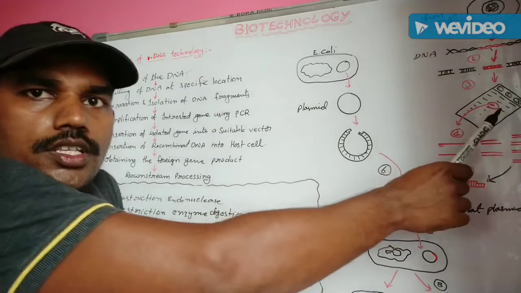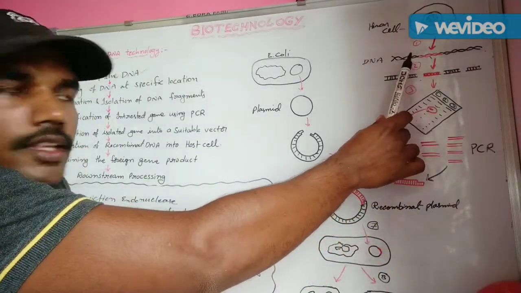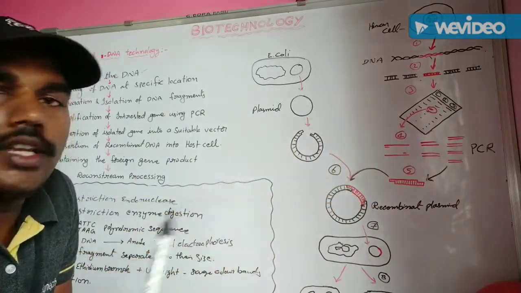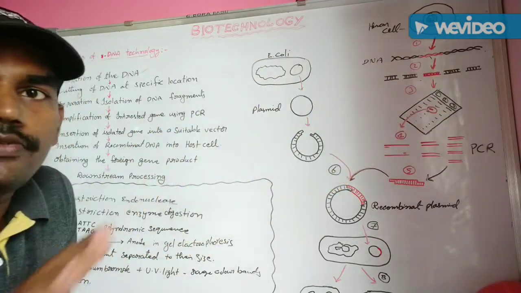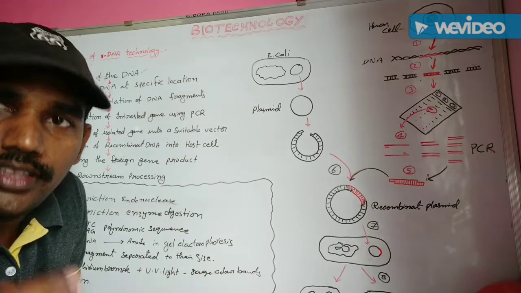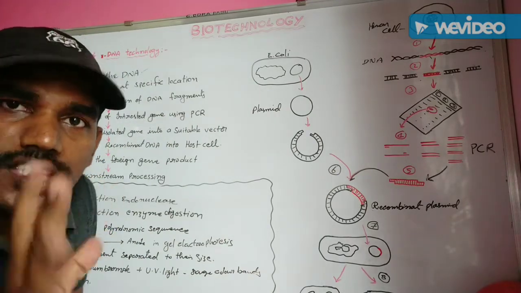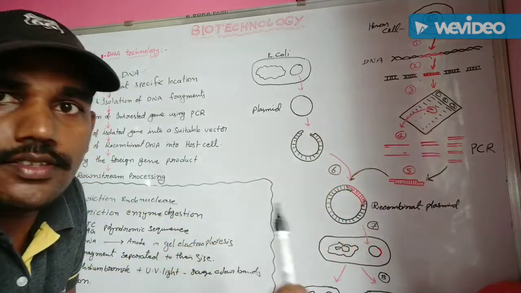The first one, this is the purified isolated DNA. This DNA is cut by some endonuclease enzyme into different types of fragments. These fragments are utilized for separation of fragments according to their size in gel electrophoresis.